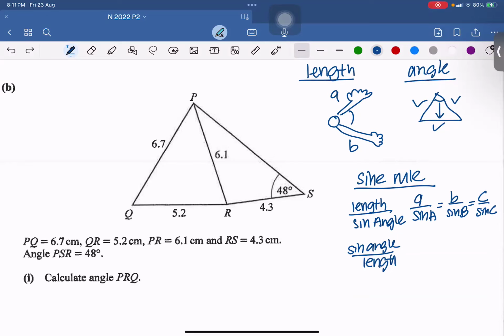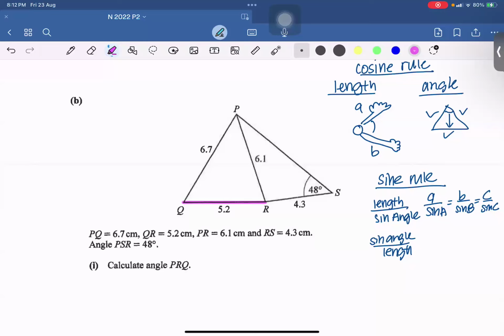Okay, so this one is usually the sine rule and the cosine rule. Let's start with the diagram. Obviously, first thing we observe, all three sides are given. What do you think the teacher will test you, even without looking at the question? All three sides are given. Which one has all three sides? Is it the cosine rule or the sine rule?